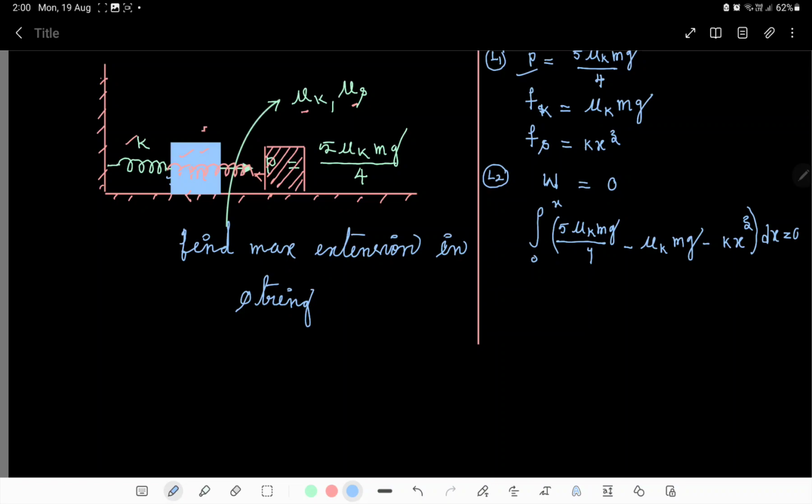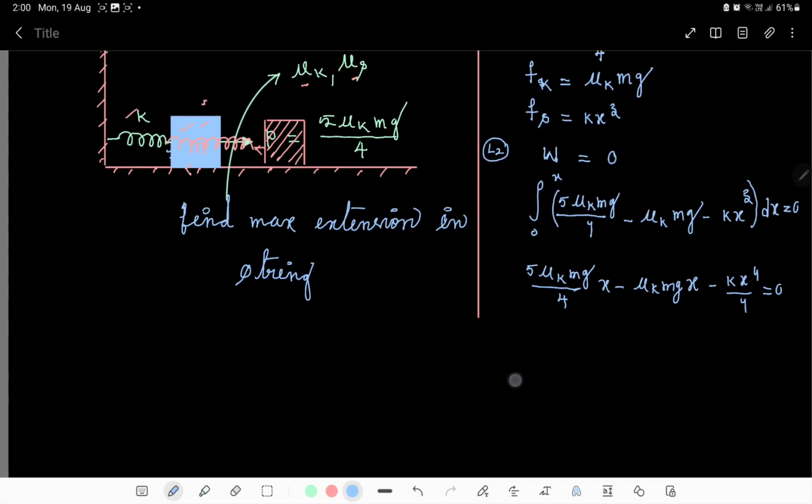If I integrate it, I'll have 5 mu k mg by 4 into x minus mu k mg into x minus kx power 4 by 4 equal to 0. Therefore 5 mu k mg by 4 x minus mu k mg x equals kx power 4 by 4. The x and x get cancelled.